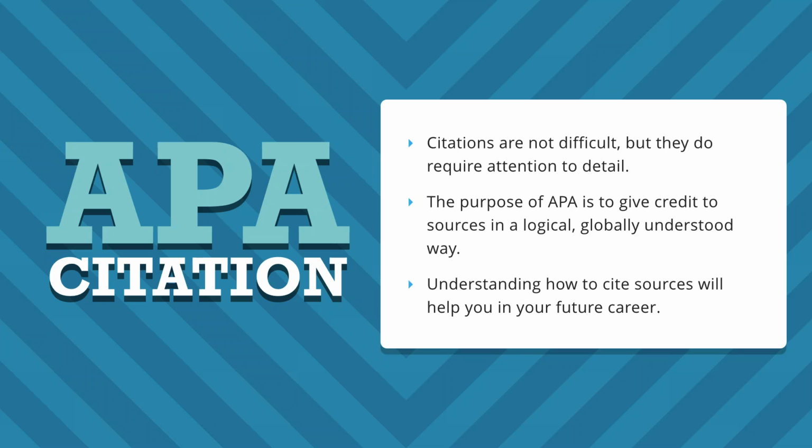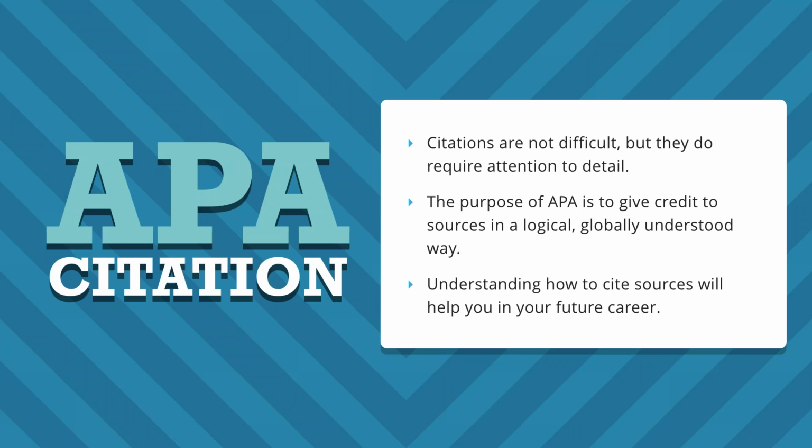So I'm going to show you some basic examples of a reference page and in-text citations. What's most important to remember when dealing with APA citation is you're not going to memorize these rules. Nobody memorizes the rules for APA citation. Nobody. Ever. I haven't memorized them.